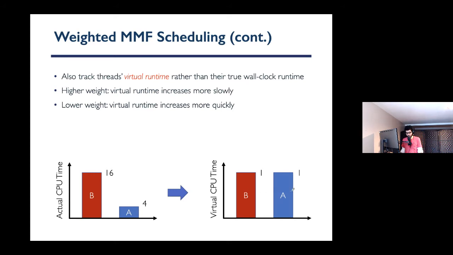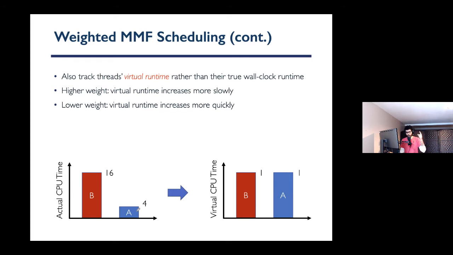Now, if I want to choose between B and A, I have to break a tie. They're equal. Whereas if I were to just use their actual time, I would have to pick A, which would have led to unfair scheduling.